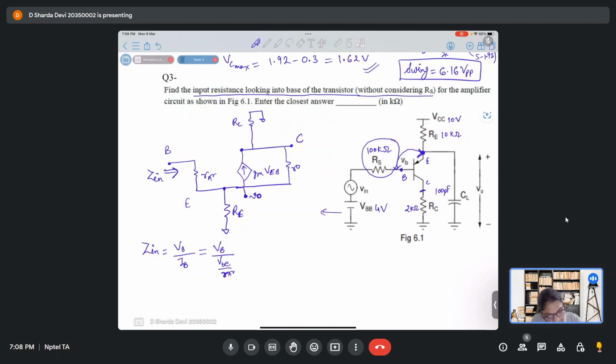So when I say VB, it actually means VB minus V naught by R pi. So which is actually R pi by 1 minus V naught upon VB. Is this clear?